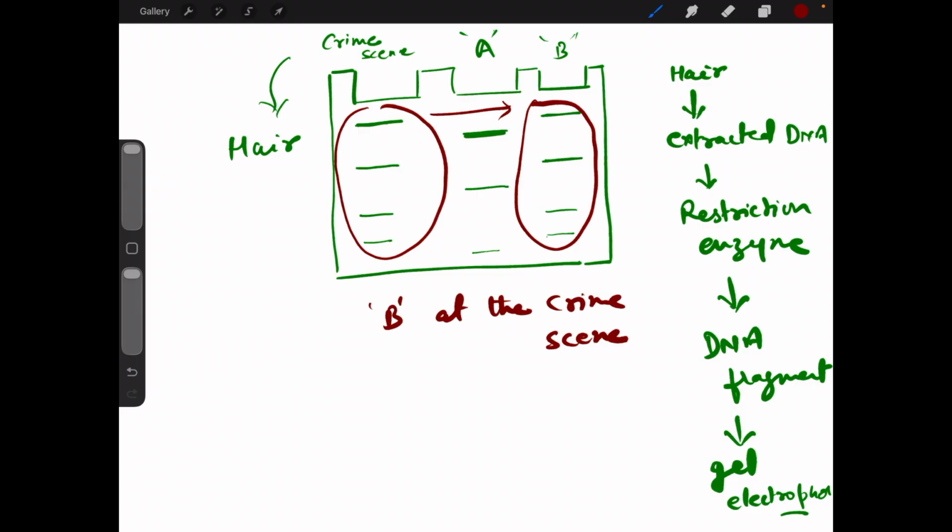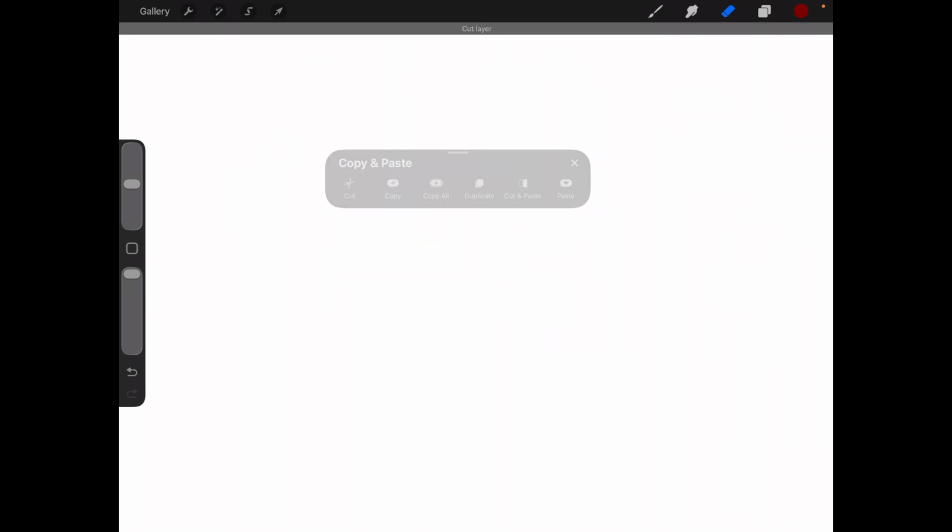And now, how does DNA fingerprinting solve the paternity dispute? Let's look at that. Again, here is the gel.